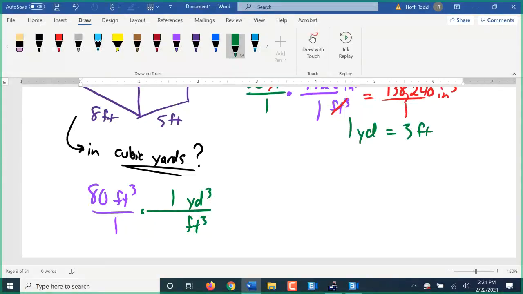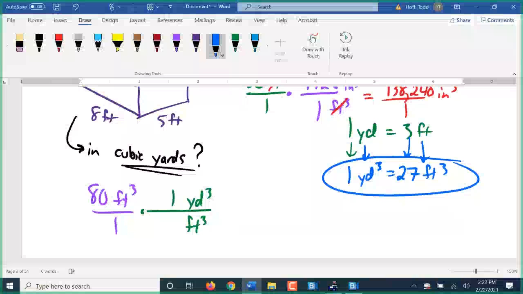You have to cube those. 1 cubed is still just 1. A yard cubed is cubic yard. 3 cubed is not 9, but 27. 3 cubed would be 3 times 3 times 3, 27. And a foot cubed is a cubic foot. So 1 cubic yard equals 27 cubic feet.